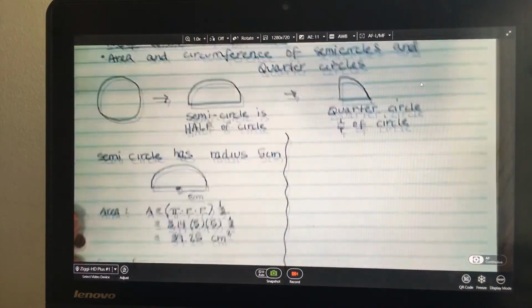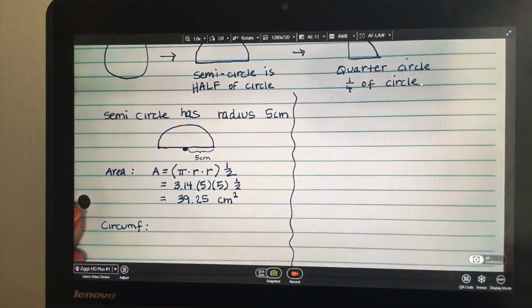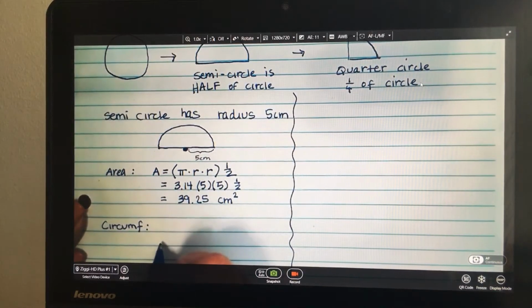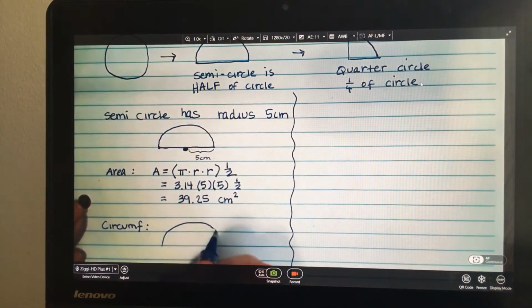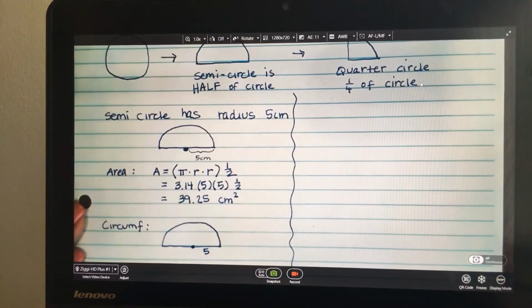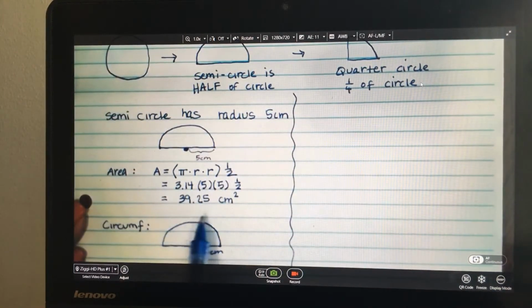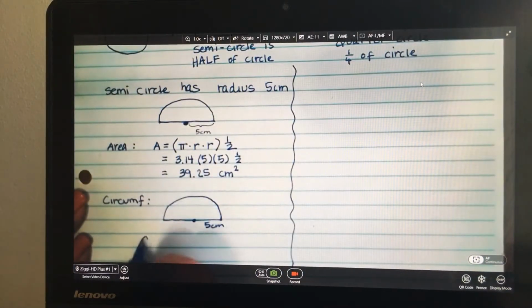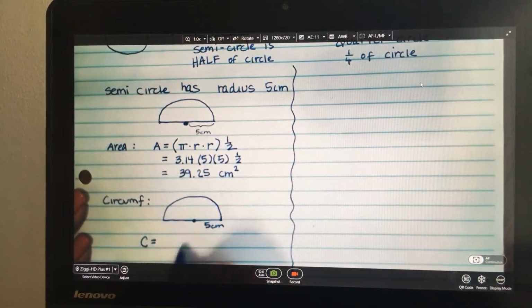We actually have to look at it in a couple of different ways. The semicircle, I'm going to redraw it down here. Again, this is 5 centimeters here for our radius. The circumference means that we're going around the circle. The circumference is pi times the diameter.